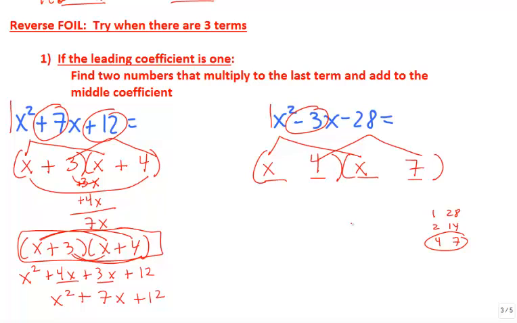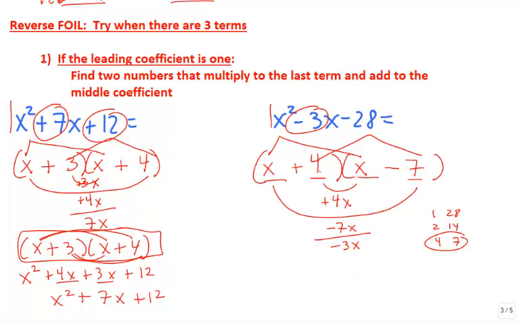And now we have to worry about the signs. In the middle, I'm going to get a 4x from these two middle terms, and I'm going to get a 7x from these two outer terms. If I want to get a -3, then I need the 7 to be negative, so I need to put a minus sign here, and I need the 4 to be plus, so I'm going to put a plus sign here, and that way a positive 4x and a minus 7x will give me a -3x on the inside.